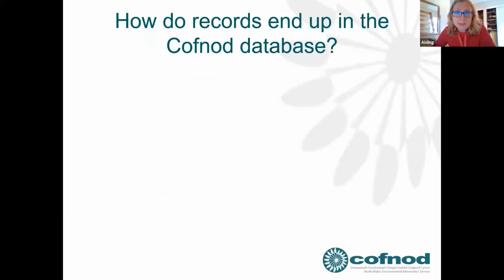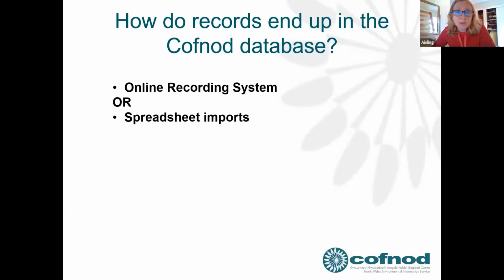So how do records end up in the Cofnod database? Well, there's two means really: the online recording system or importing from spreadsheets. And there are other online portals, for example iRecord, and we do access data from iRecord, but we have to download it from iRecord and import it so that it goes under the spreadsheet import category.